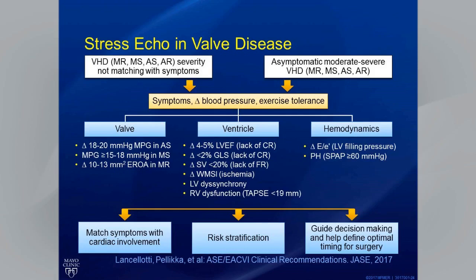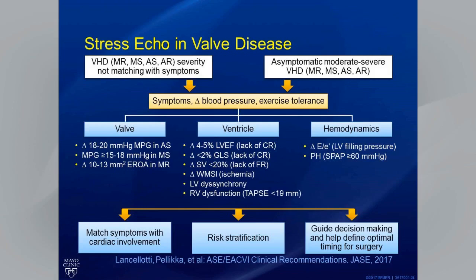We can look at the change in effective regurgitant orifice area in mitral regurgitation. We can also look at the ventricular responses to the stress, including whether the ejection fraction increases appropriately. We can also look at changes in global longitudinal strain, which should be increasing with the stress of exercise.